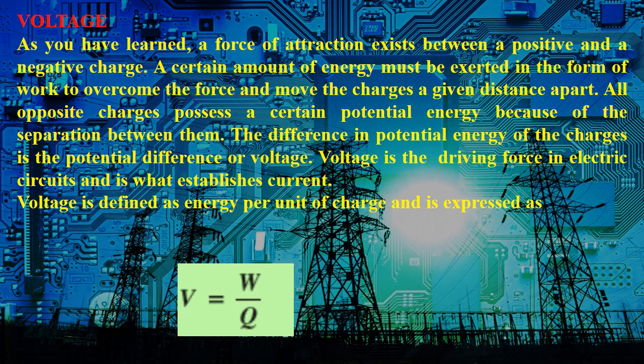Voltage, to put it in simple terms, is a force that pushes the electrons. Electrons are particles already present in the atoms of the material or the conductor. When voltage is applied, there is a force that pushes these electrons through the conductor. When these electrons move in the conductor, there is current and electricity.